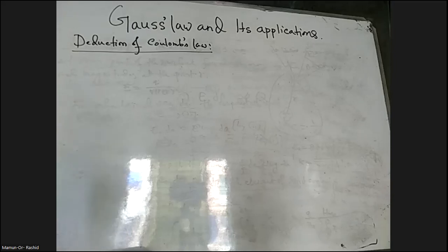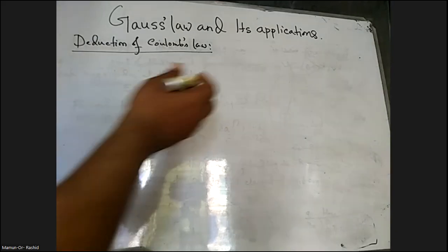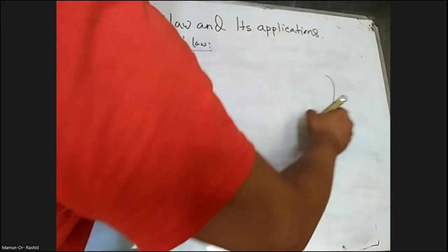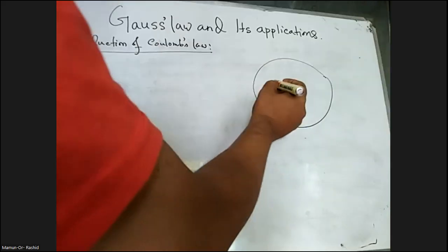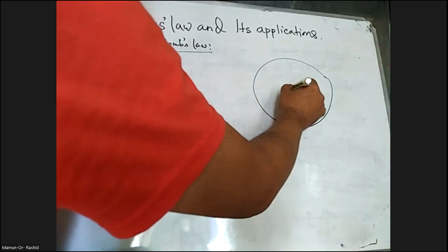And now the application of Gauss law. First of all, the deduction of Coulomb's law from Gauss law. It is one kind of application. So Coulomb's law can be deduced from Gauss law and symmetry considerations. Suppose we take a point charge Q in the center.